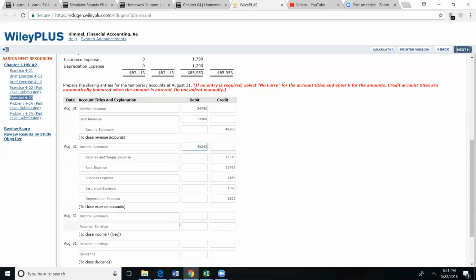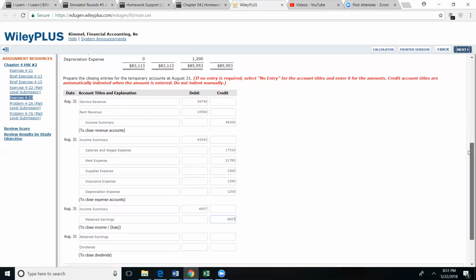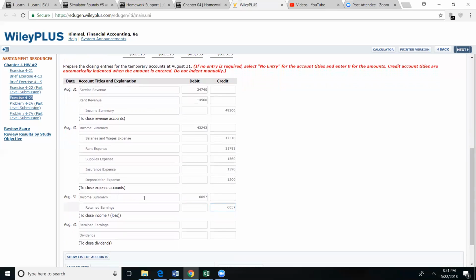Okay, so the current balance is $6,057. And so the retained earnings, we're going to move the balance over there by crediting retained earnings. And now the income summary account is closed.